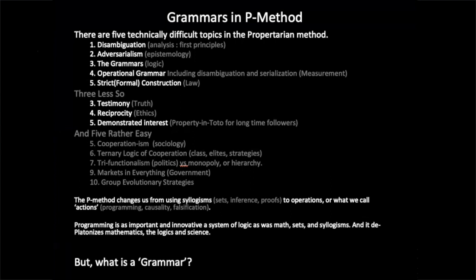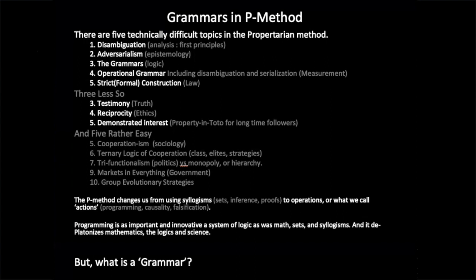And the rest is rather easy. It's all the application of it, like cooperationism, the ternary logic of cooperation. And we're going to find that pattern of 3s of our senses is going to show up everywhere. Trifunctionalism, just as ternary logic, how the ternary logic applies to politics, and markets and everything that comes as a result, and the difference between group evolutionary strategies. And this is at all levels, sexes, classes, and civilizations, although we spend most of our effort on civilizations.